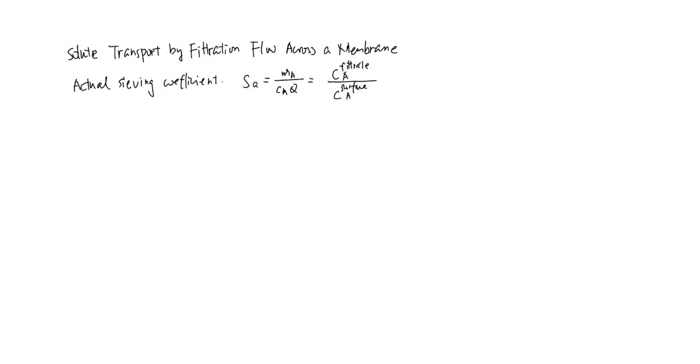This surface refers to the membrane, the concentration on the surface of the membrane instead of in the bulk away. This is what we call the actual sieving coefficient. Later on, we will more likely use the definition CA filtrate divided by CA surface, where the filtrate is like the concentration in the membrane.